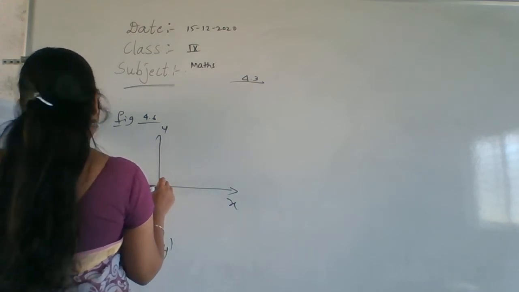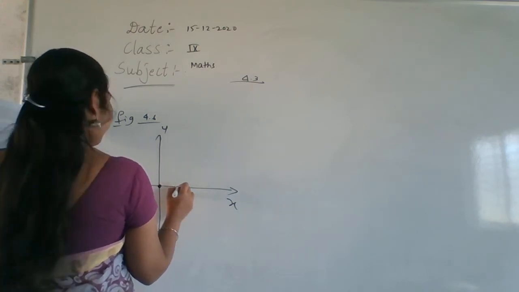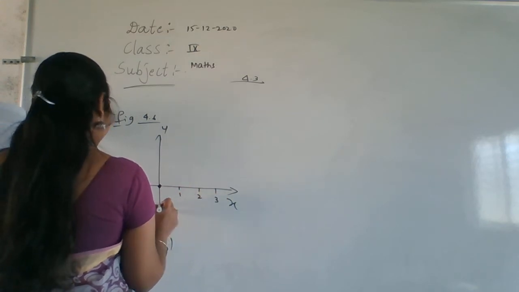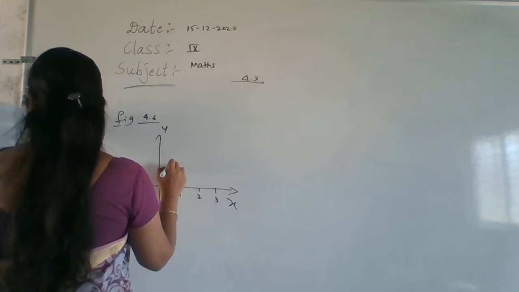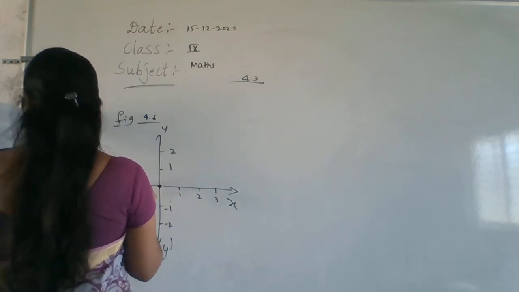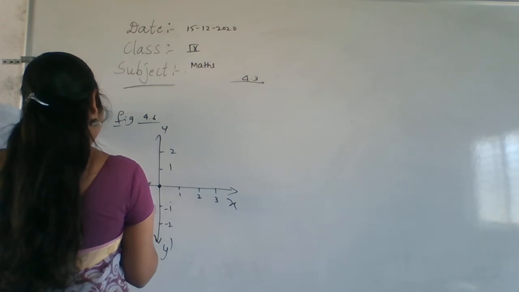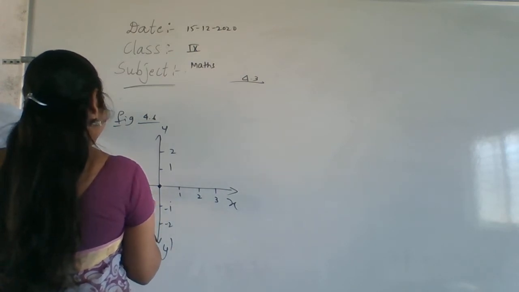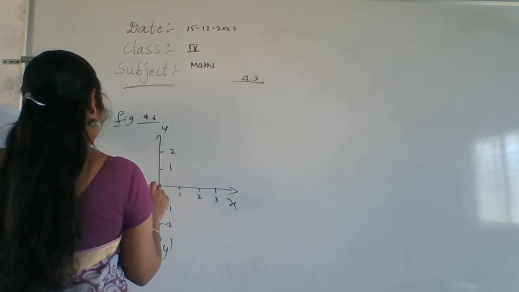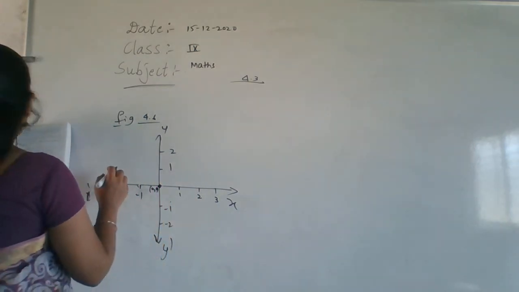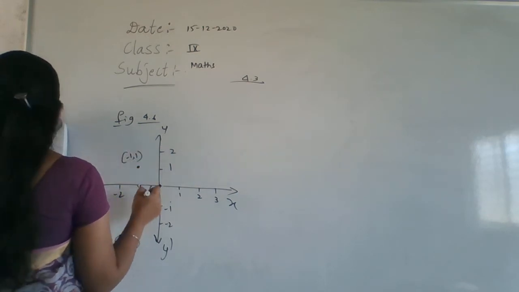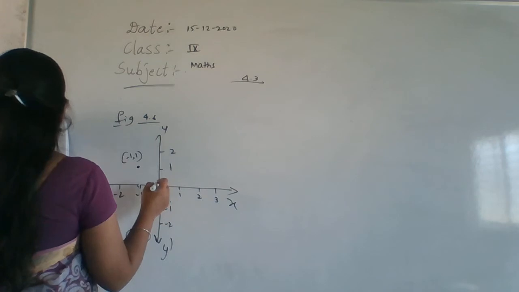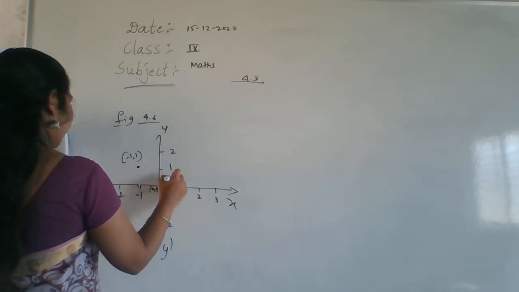Next 1, 2, 3, here also minus 1, minus 2, 1, 2, minus 1. This is minus 2. This is 0, 0. So which points have they represented here? 1, minus 1, and next one 0, 0 only they indicated here.